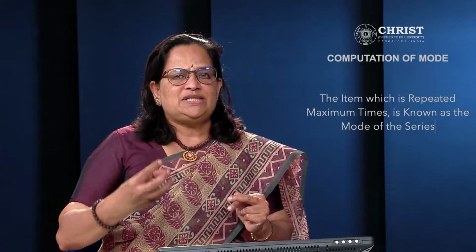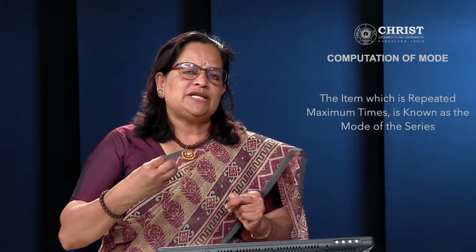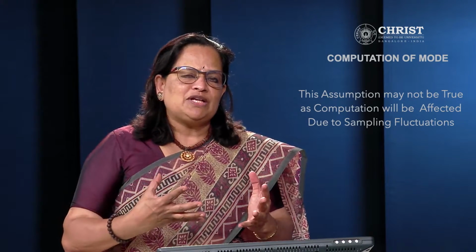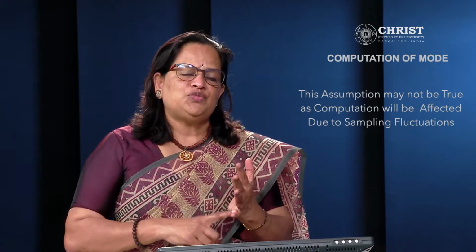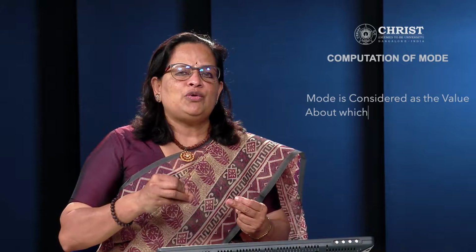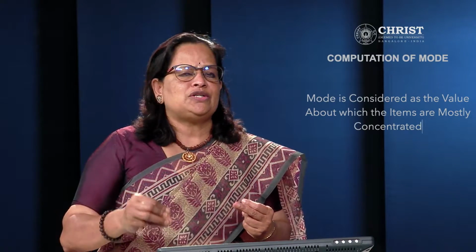The item which is repeated maximum times is known as the mode of the series. Again we are emphasizing that it is the value which got the highest frequency. But this assumption may not be true, as the computation will be affected by sampling fluctuations. We have mentioned this for mean and median computation also. Hence mode is considered as the value about which the items are mostly concentrated.